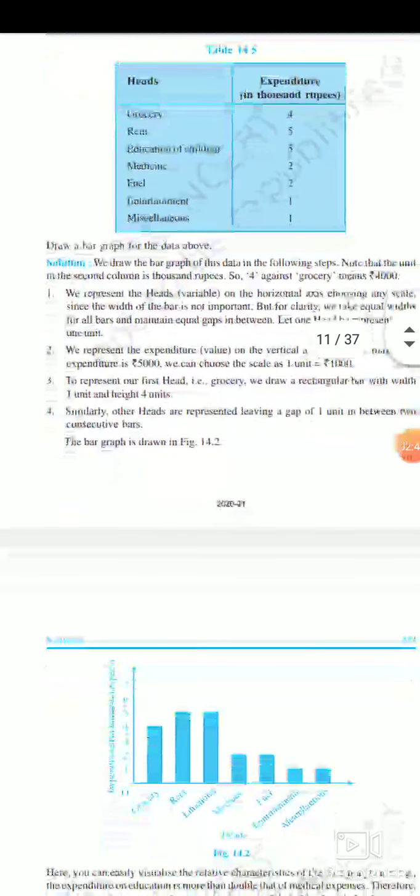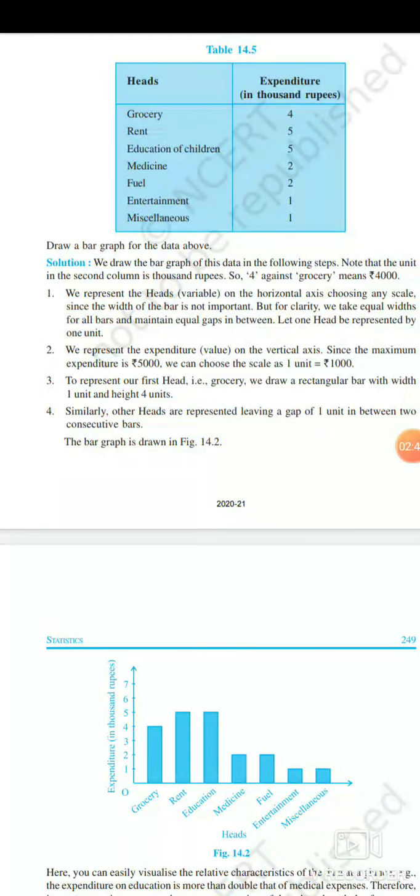So prepare the graph with heads on the x-axis: grocery, rent, education of children, medicine, fuel, entertainment, and miscellaneous. These we need to list out in the x-axis, but in the y-axis expenditure in thousands of rupees.